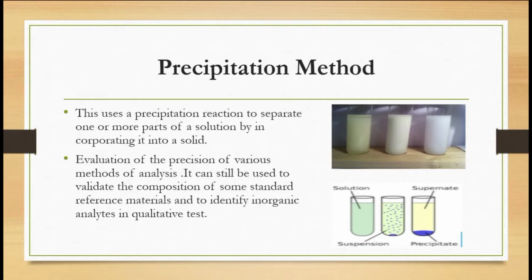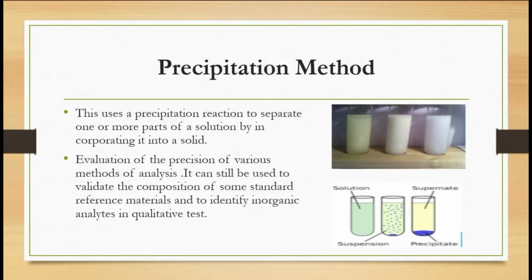However, you can still use it in some applications, like checking the accuracy of other methods of analysis. It can still be used to verify the composition of some standard reference materials, and it can be used for qualitative identification of inorganic and organic analytes.